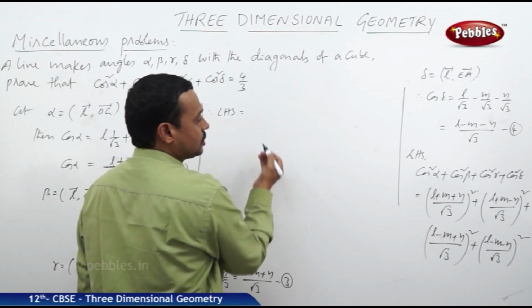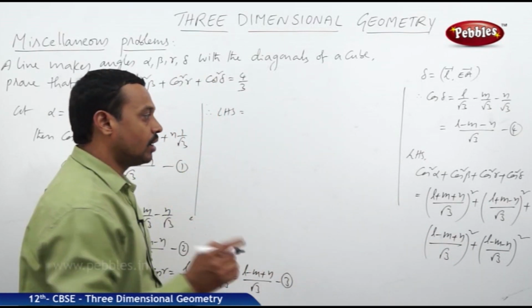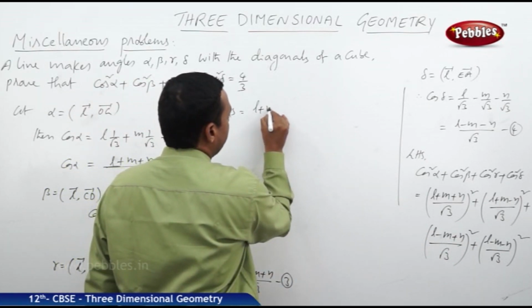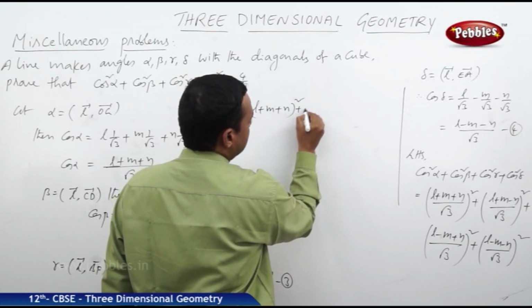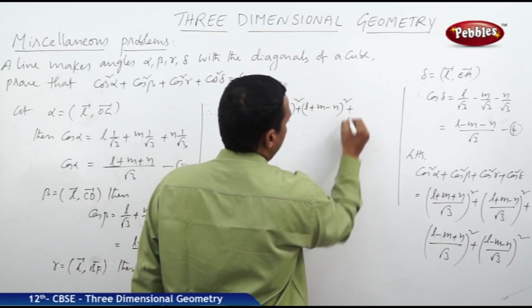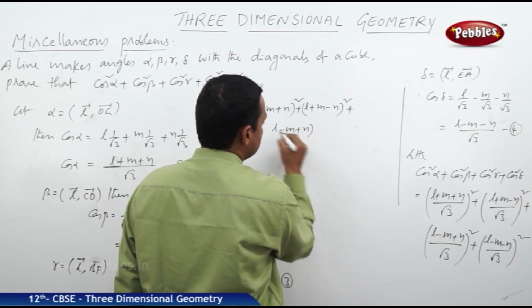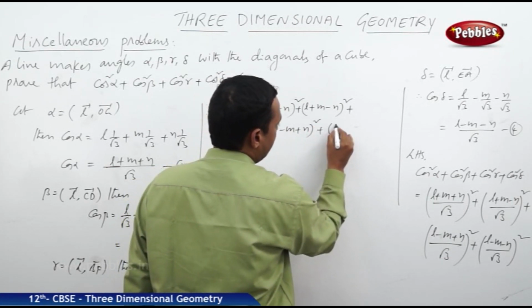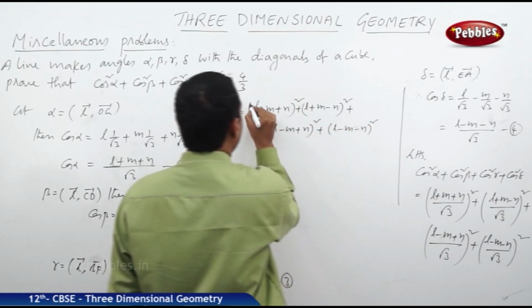So root 3 whole square is equal to 3. So all these four fractions have the same denominator: l plus m plus n whole square plus l plus m minus n whole square plus l minus m plus n whole square plus l minus m minus n whole square, into 1 by 3.